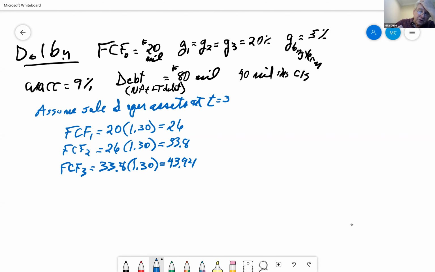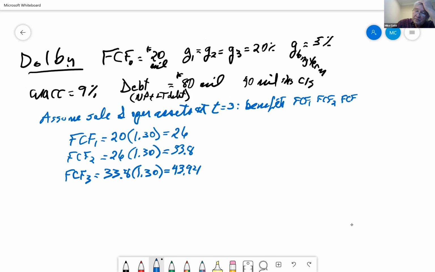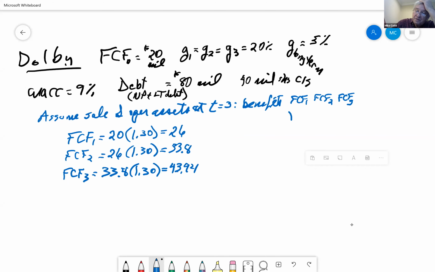And if we were to sell the operating assets at the end of year 3, our benefits would be 3 years of free cash flow and the value of the operating assets in year 3.